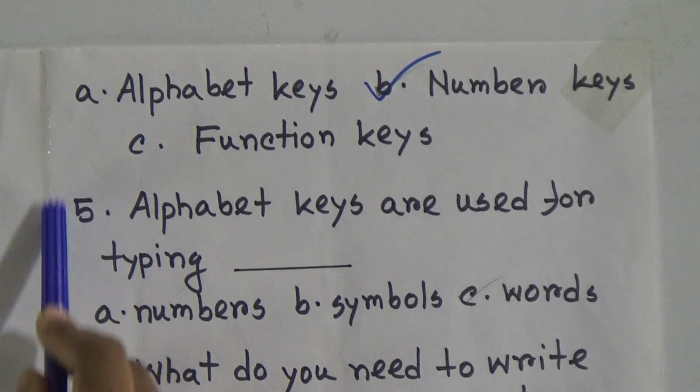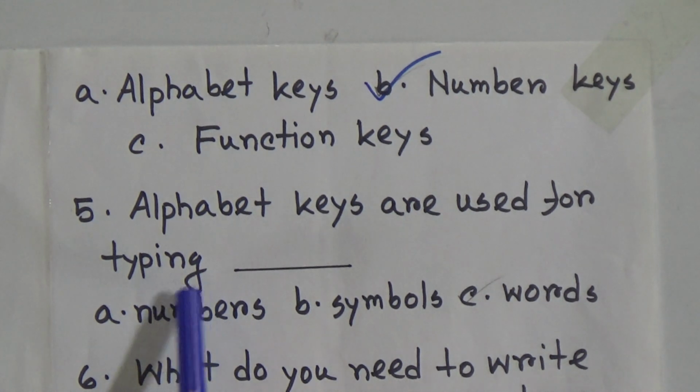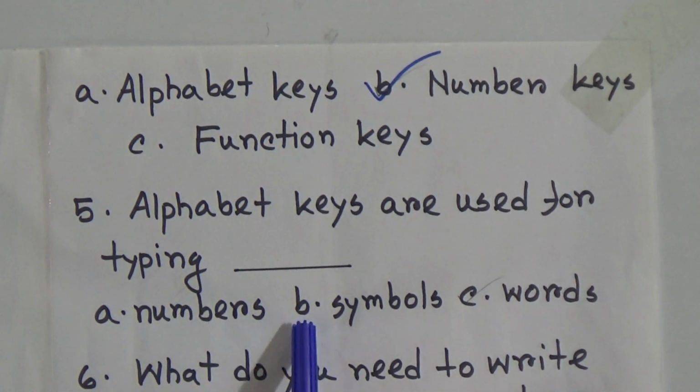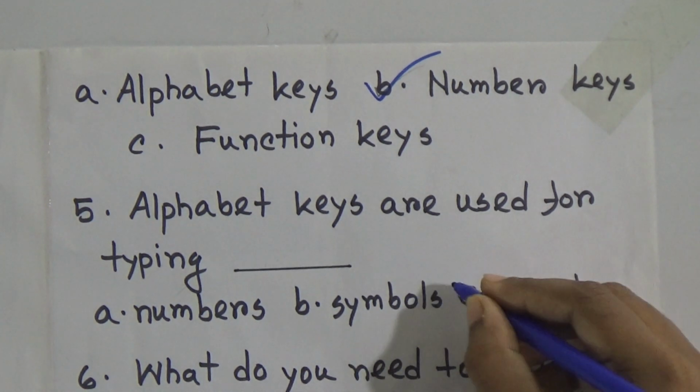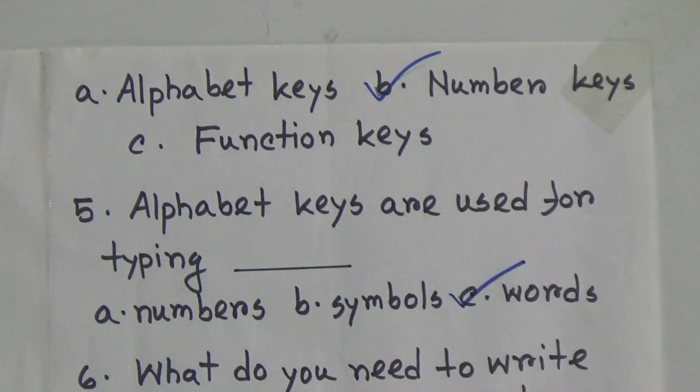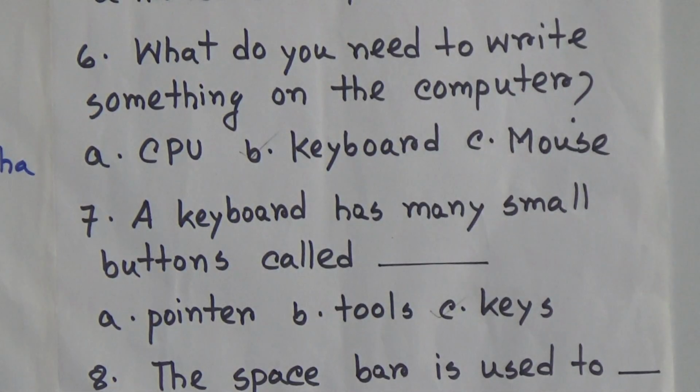Question number 5. Alphabet keys are used for typing what? A. Numbers, B. Symbol, C. Words. Alphabet key, we know that we use alphabet key for writing, for typing words. Number 6. What do we need to write something on the computer?